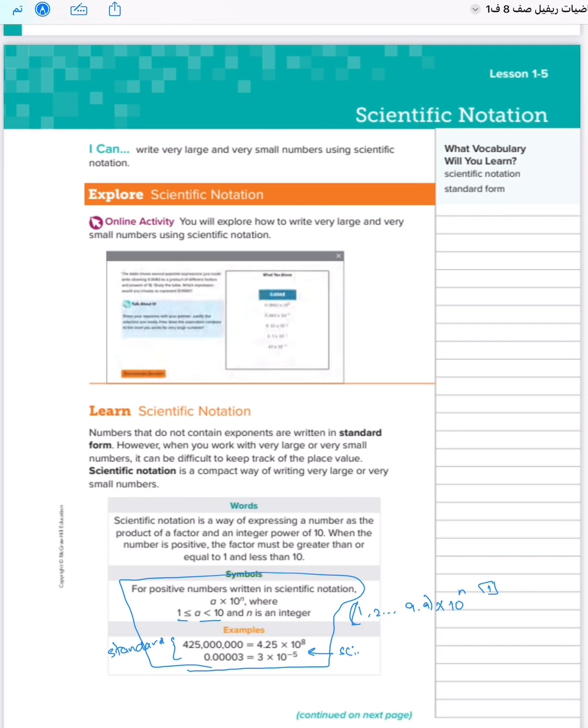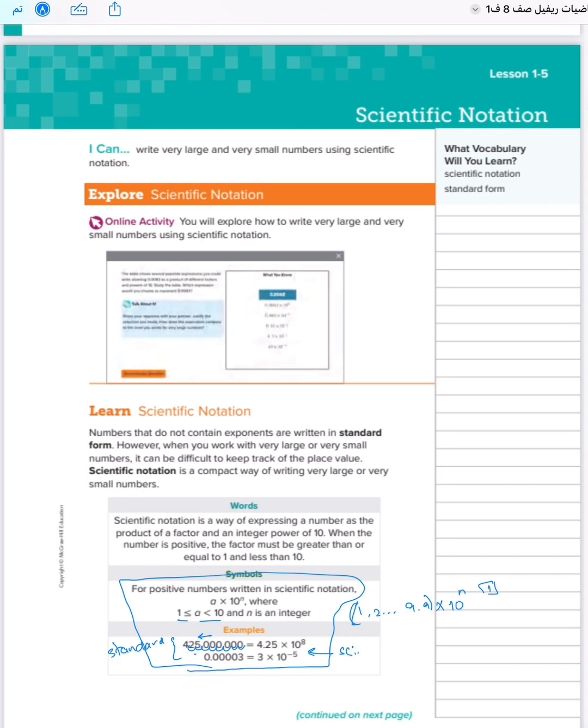Because if there is no point, the point is here. So 1 2 3 4 5 6 7 8. So we must put the point at the end. How many times do we move it? We move it this side. How many steps? It is 8 steps. So 10 power 8.